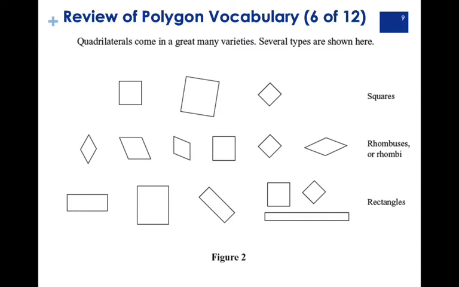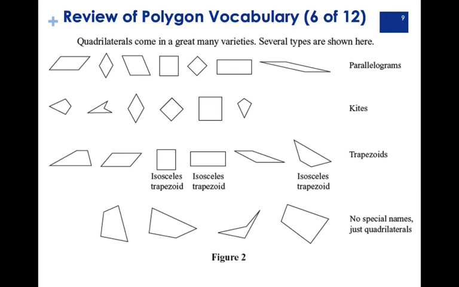And so just some vocabulary review. Here we have squares, rhombus, rectangles. So all quadrilaterals, but different types here. Parallelograms, we have kites, we have trapezoids.